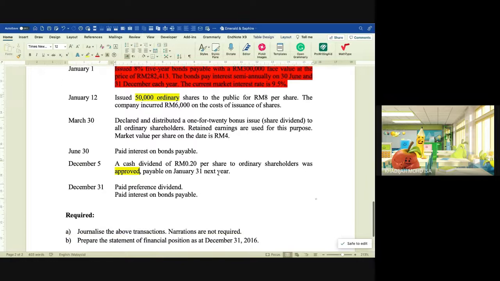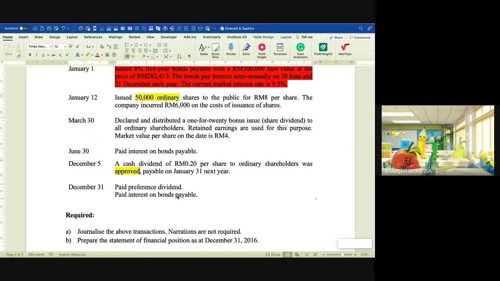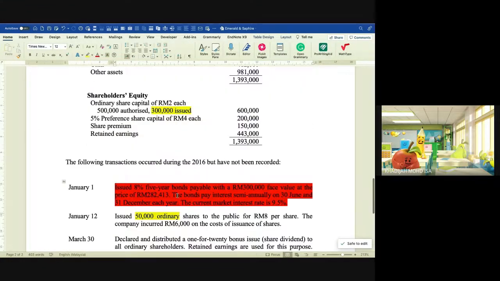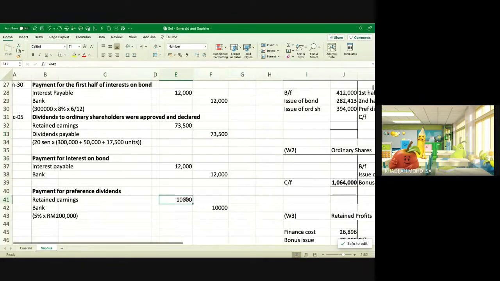Pay your preference dividend and pay interest on bonds payable. Your preference shares are 5%, so 5% times 200,000, which is 10,000. Debit your retained earnings, credit your bank.